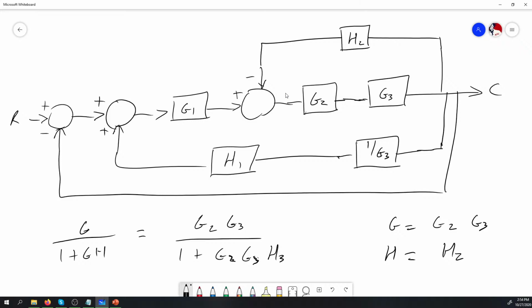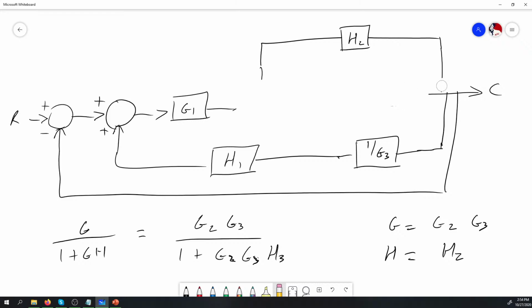H3. So, in reducing this, we get rid of this summation junction, get rid of the G2 and G3 blocks here, and get rid of this H2 block here only.